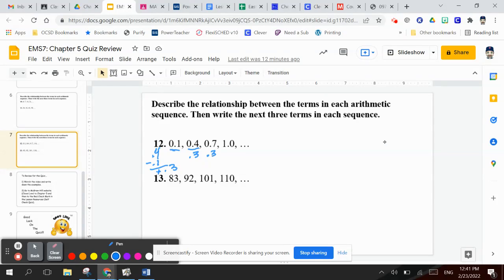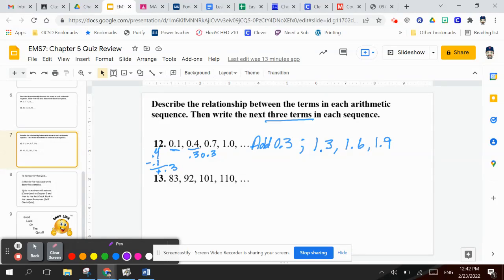Is 0.7 plus 0.3 1 whole? Yes. So we have to add 3/10 or 0.3. Then the next three terms are going to be 1 whole plus 3/10, which is 1.3, and 1.6, and 1.9.